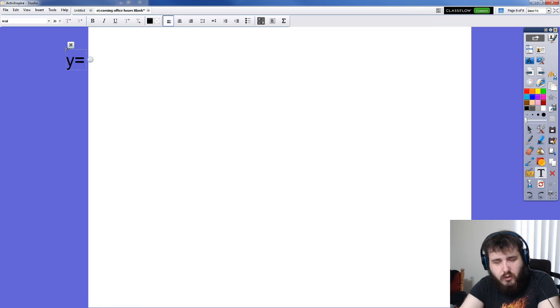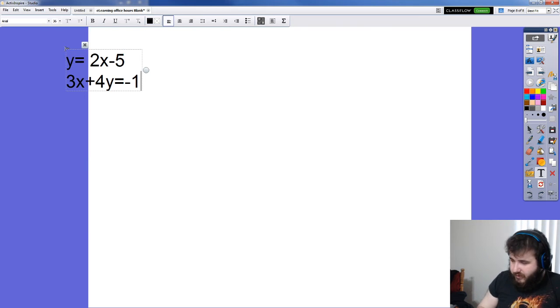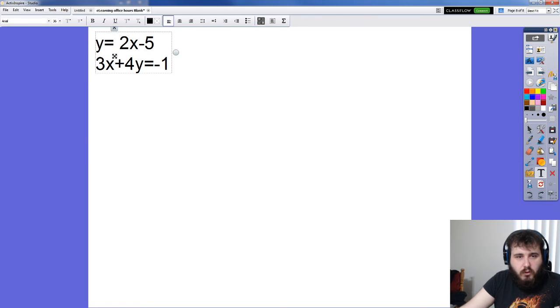The key is, regardless of what you're doing, you want to get it so that at least one of your equations is solved for a variable.